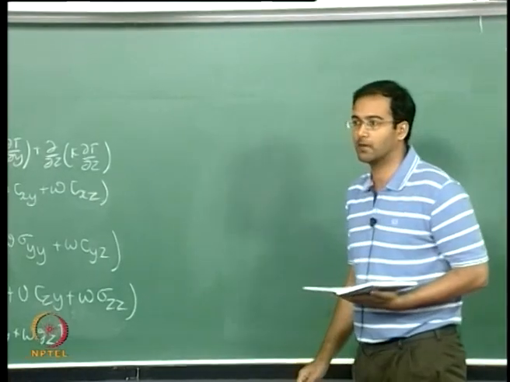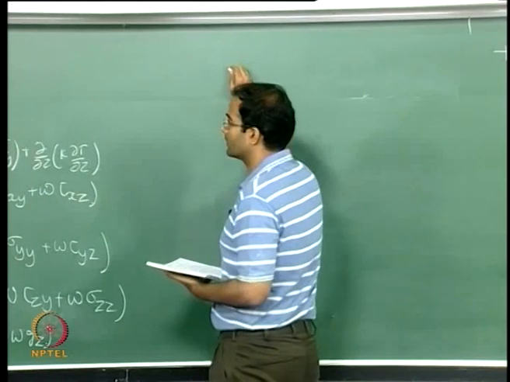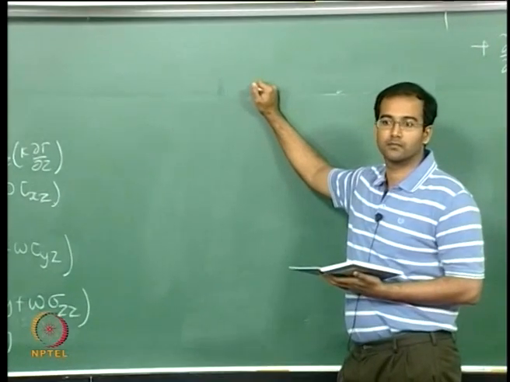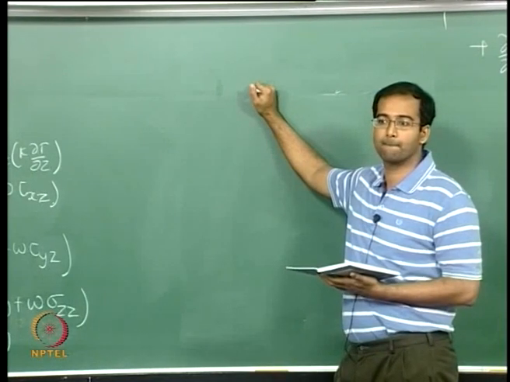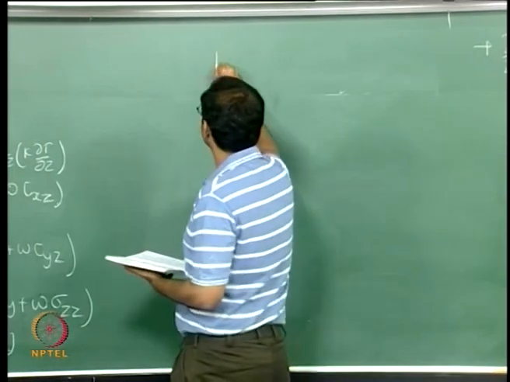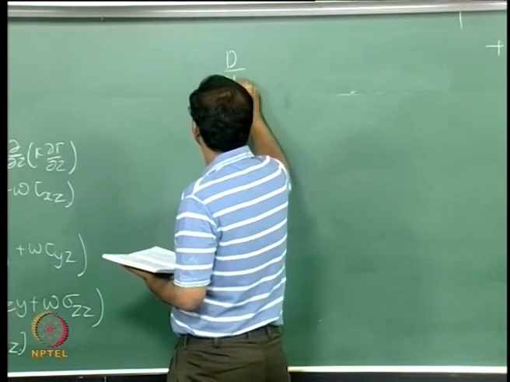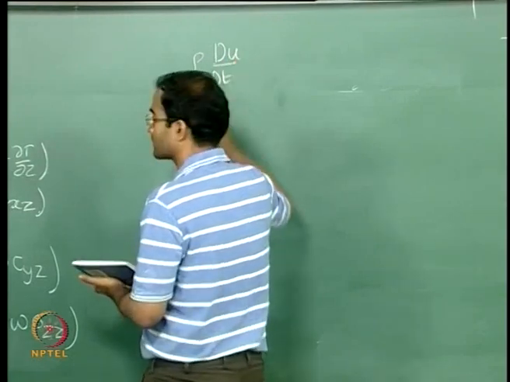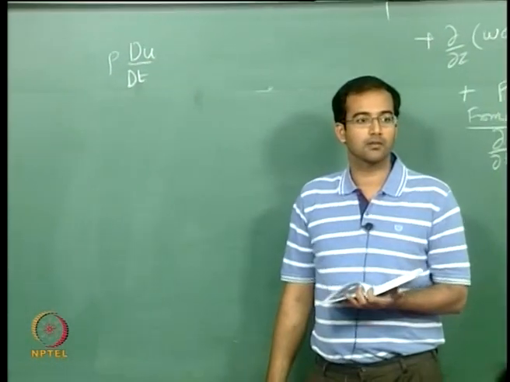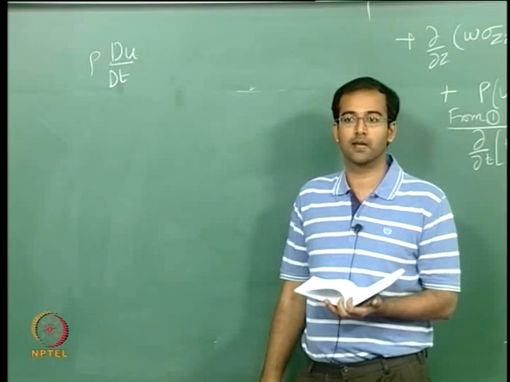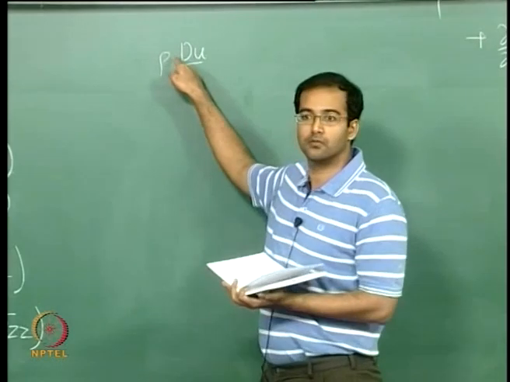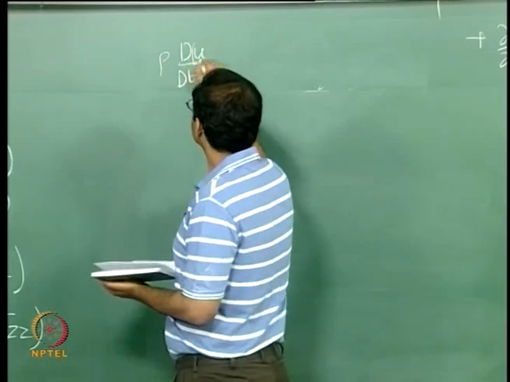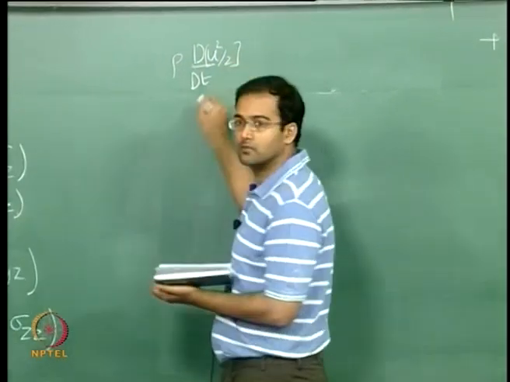If you look at the momentum equations on the left hand side term, how do we have the total derivative? Can you go back and check? It is rho du by dt, for example in the x momentum, right? So this is the left hand side term, correct? If we multiply this by u, this will be u du by dt, which can be written as d u square by 2 by dt, correct?